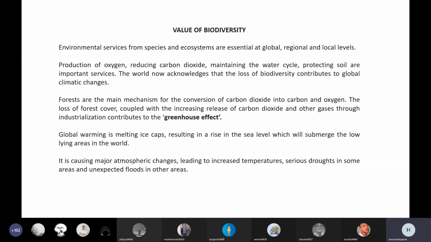So we are studying biodiversity because it has enormous value in the environment. Be it sustenance of the ecosystems or maintenance of homeostasis, each and every species is contributing to the environment. If any one becomes extinct, then there are ripples in the entire ecosystem.